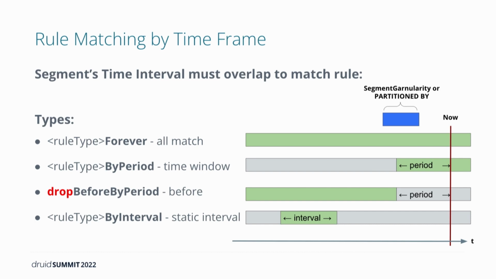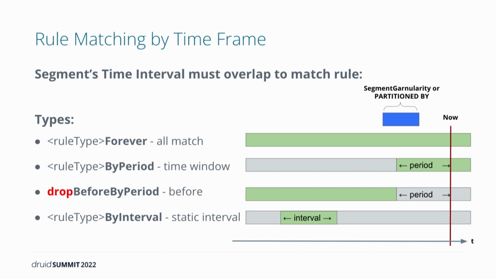In that particular kind of rule, you can use an include future flag. If that's turned on, that means any segments that fit within that period, the past 5 days or whatever that period may be, or fall into the future, if you're loading timestamps that are in the future, those will match as well.